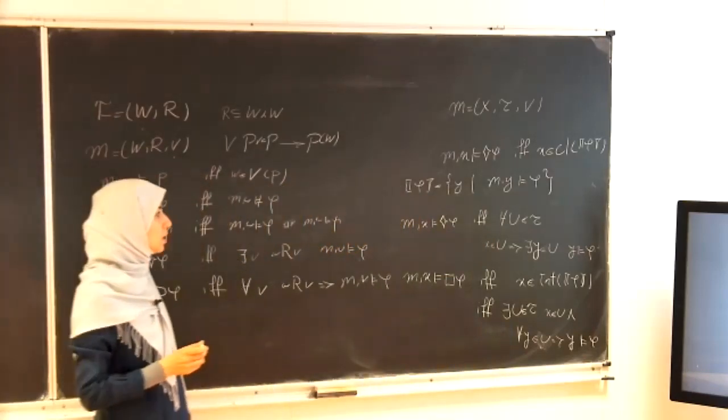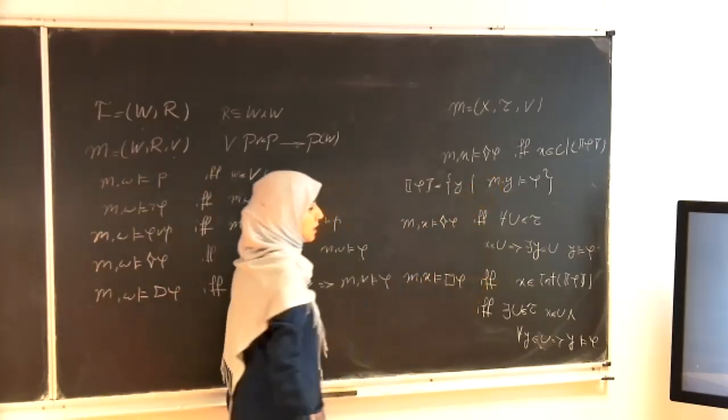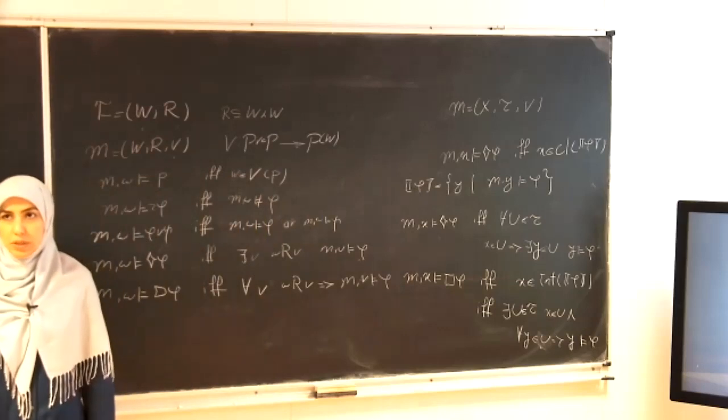So diamond is interpreted as the closure operator and box is interpreted as the interior operator.